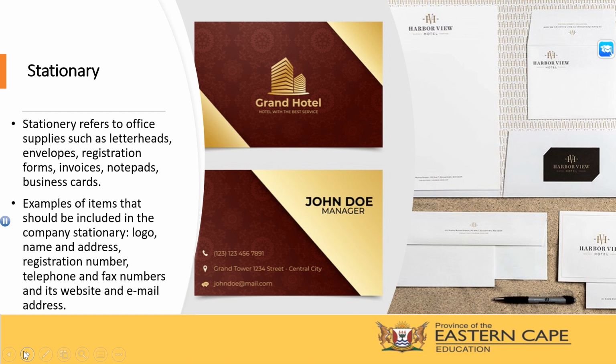And then also you will find contact details for the company, telephone numbers, fax numbers, website and email addresses. So the company stationery, if it looks professional, it creates a professional image of that particular tourism-related company.